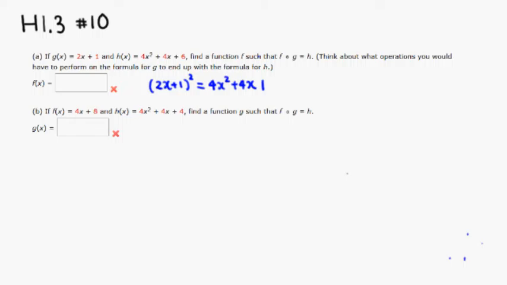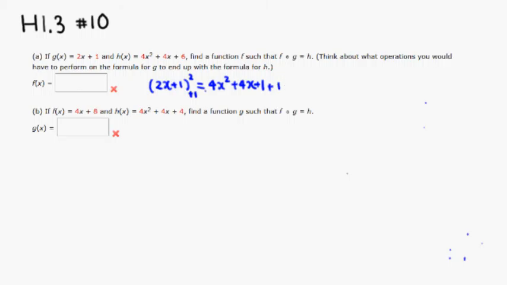So we got that, and instead of getting 4x squared plus 4x plus 6, we actually get 4x squared plus 4x plus 1. So all we really have to do is add 5 to it, because instead of 1, we want 6.